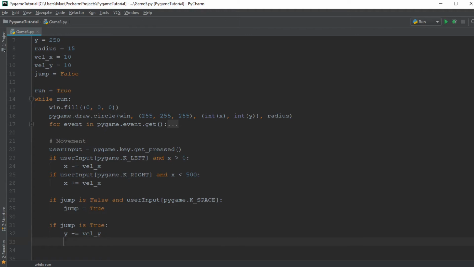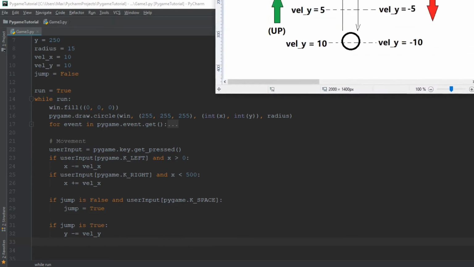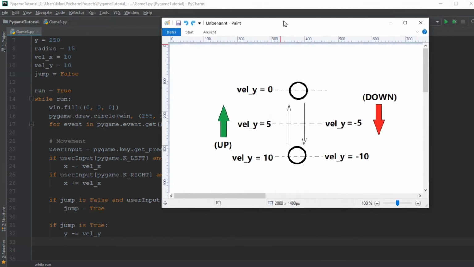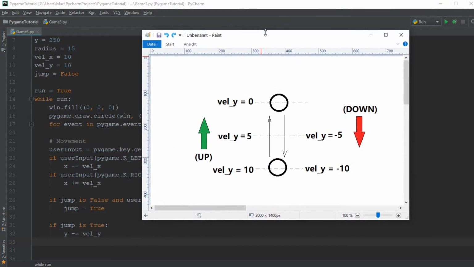And of course, when you're jumping, you are, during your jump, decreasing your velocity. Let me go ahead and show you what I mean real quick in this diagram, which I've brought up on screen. So this is basically our ball, and there's an upward arrow over here and a downward arrow over here, sort of showing you the motion of this ball.